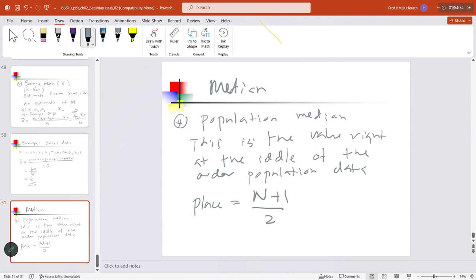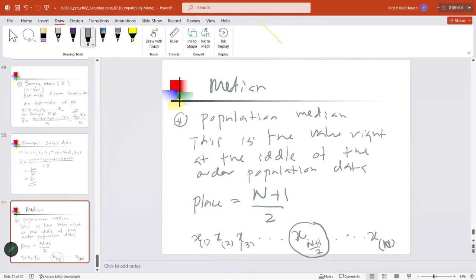So if you arrange the data as x1, x2, x3, up to x capital N, in an ordered array, then the value at position N plus 1 divided by 2 is the median.